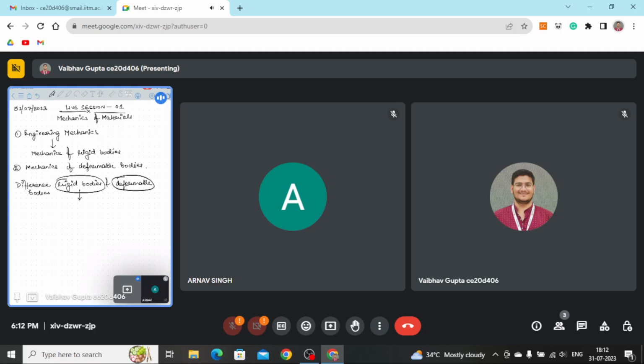Whereas for deformable bodies, if the distance between two points changes due to the application of force, it is known as a deformable body. In a rigid body, the distance between two points does not change due to application of force. And here, the distance between two points will change due to application of force.